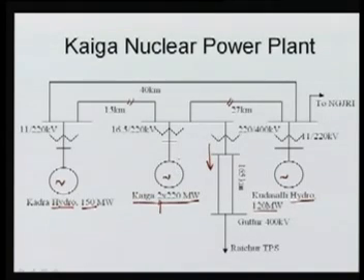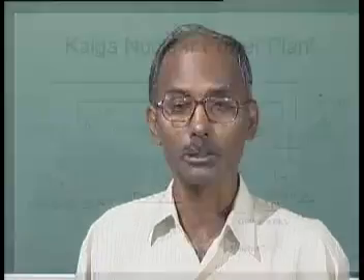Say this is bus 1, this is bus 2, and this is bus 3. If the line between bus 1 and bus 2 as well as the line between bus 2 and 3 are in outage condition, the whole power will be evacuated through this line, and the generators here experience severe oscillation. That is basically a case of small signal stability, or you can say dynamic stability.